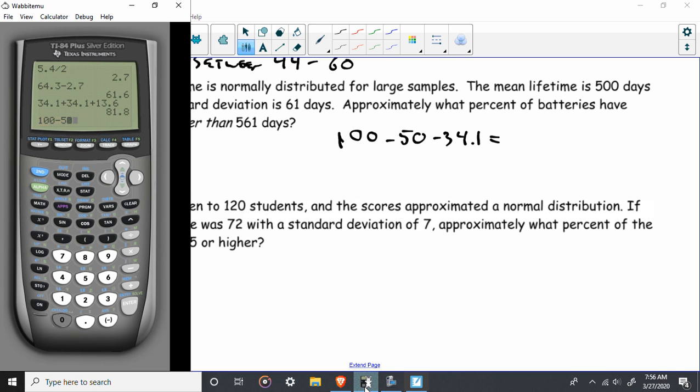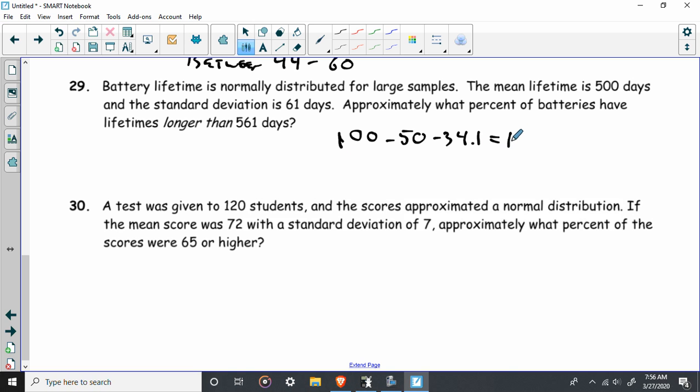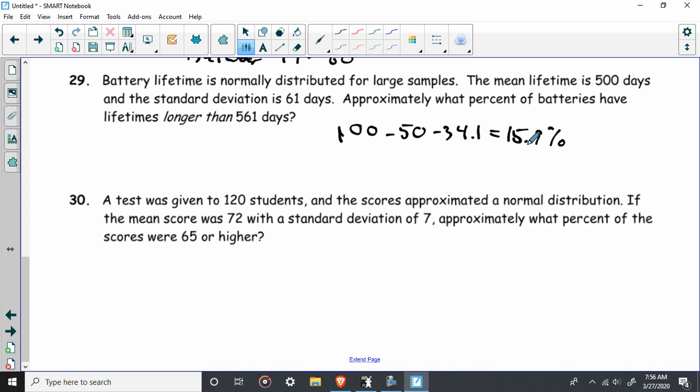And what is that going to give you? 15.9%. Okay. Again, the more you work with these numbers, the more they will just become regular things like multiplication tables, things that you just know.